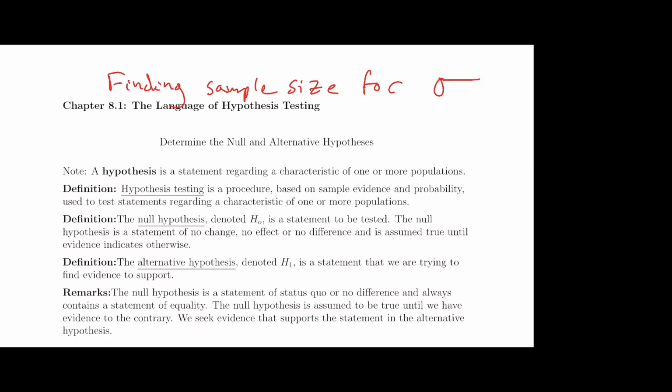Usually when we're doing hypothesis testing, we have two hypotheses. One is called the null hypothesis, and the notation for the null hypothesis is H0. Then we have the alternate hypothesis, which is H1.